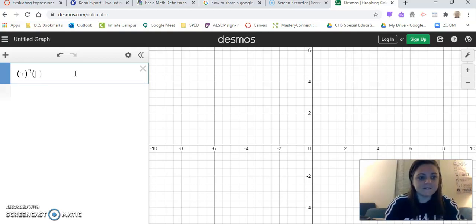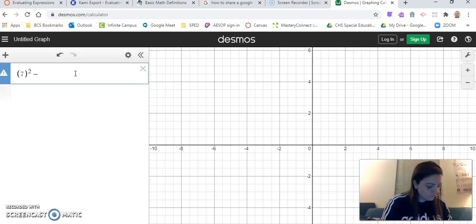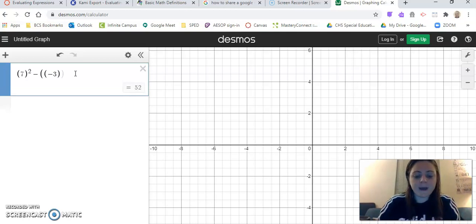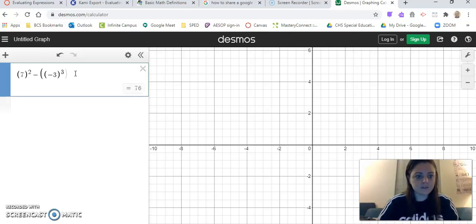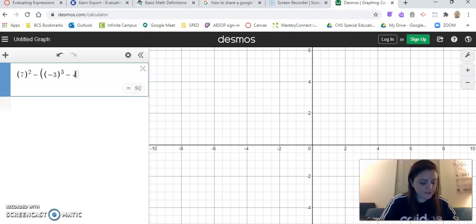Sorry about this. Oh wait, minus parentheses, another parentheses, -3, close parentheses, to the third power. Again, to get it raised to the third power, do shift 6, 3, go to the right, minus 4 times 5.